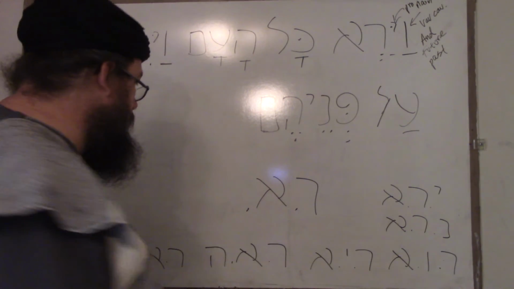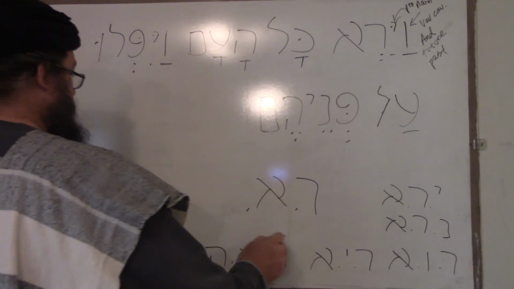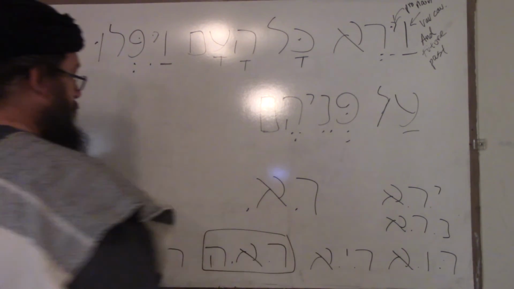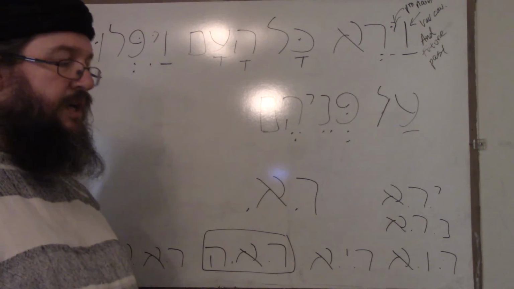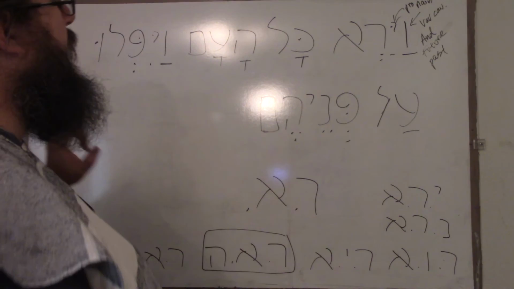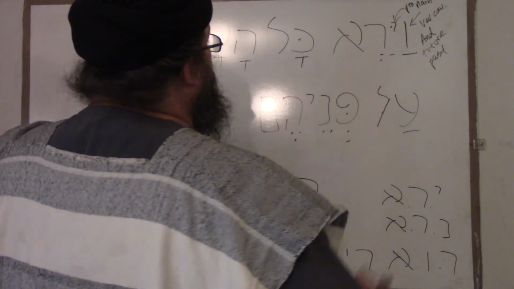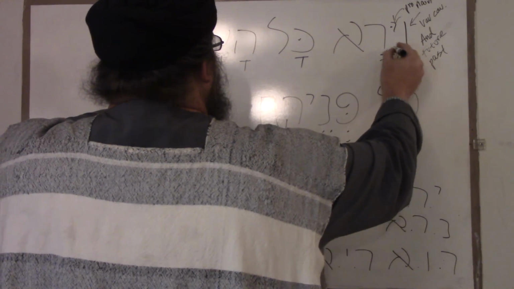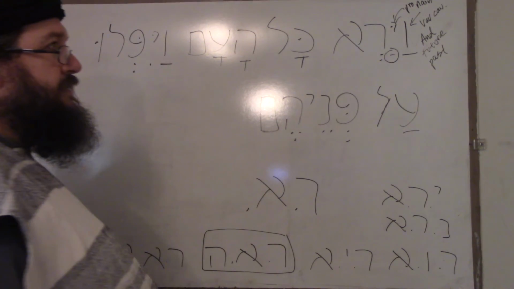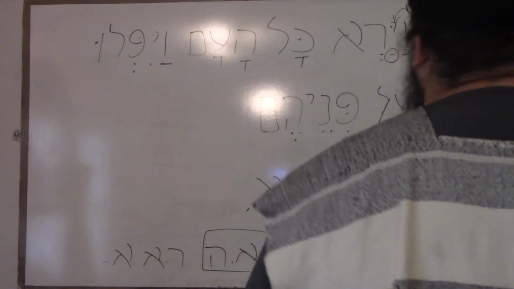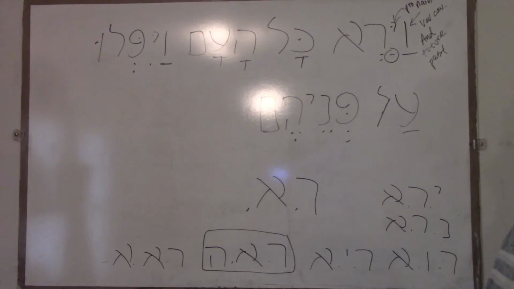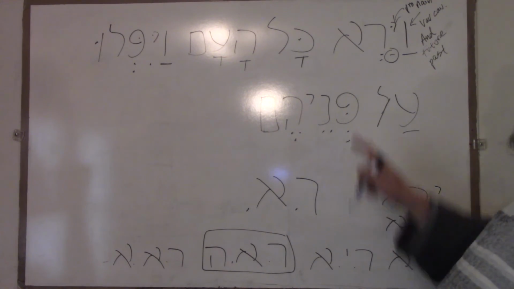And of course, the one that makes absolute sense, this is the one we find out, is Resh Aleph Hey. Now another secret thing that you can do is understand this, okay? When you have, for example, here, a kamatz, okay? The kamatz also can be an indicator that you have a hey ending.